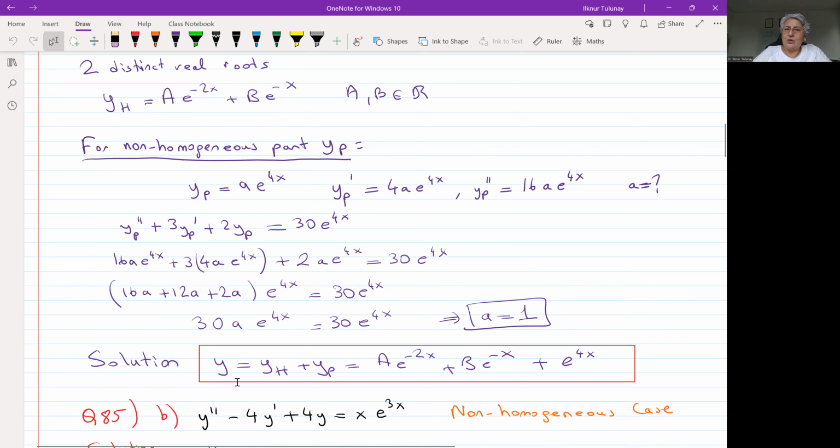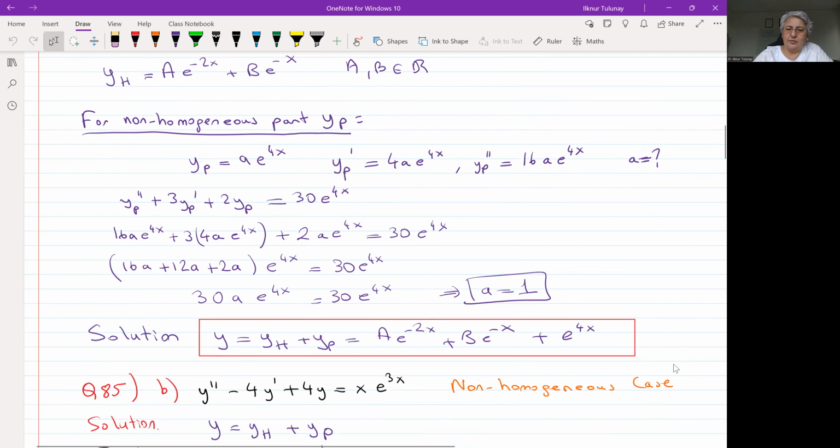The general solution for the whole equation will be y equal to yh plus yp, the homogeneous part plus the non-homogeneous part. This was the homogeneous part, and since a is equal to 1, the non-homogeneous part will be just e to the 4x. So that's the general solution. Okay, let's do another example.